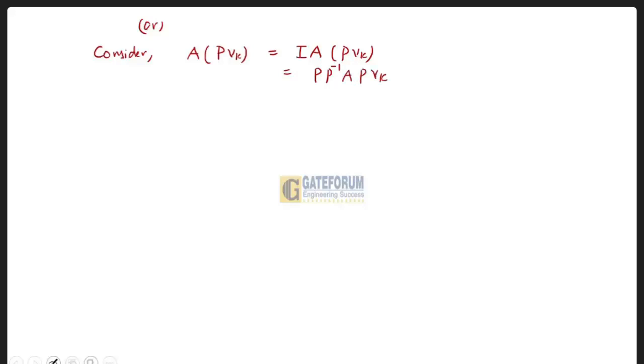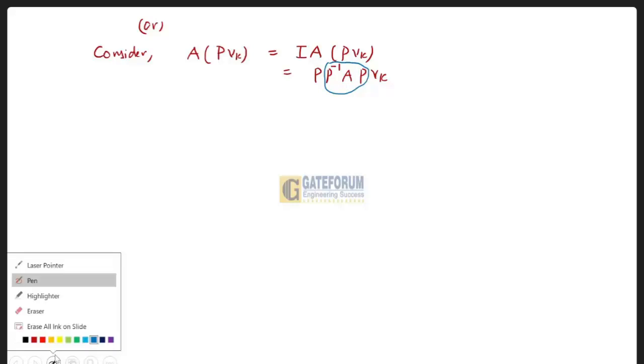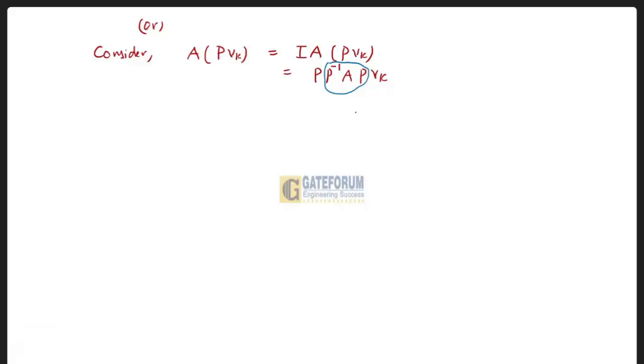And this term, P inverse into A into P, is already given as B. Okay. So this is P into B into Vk.